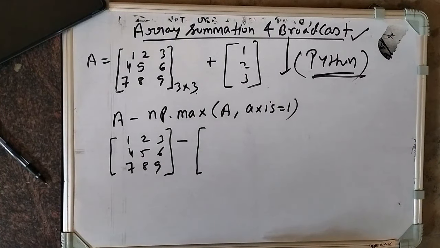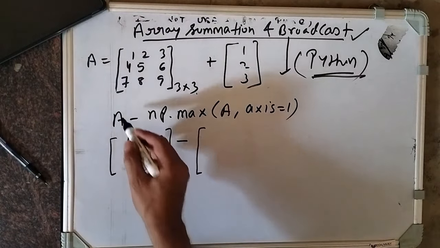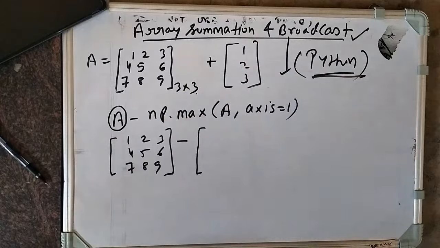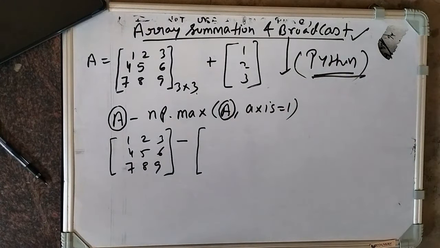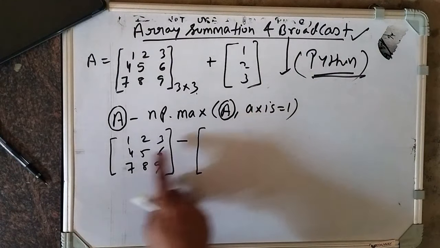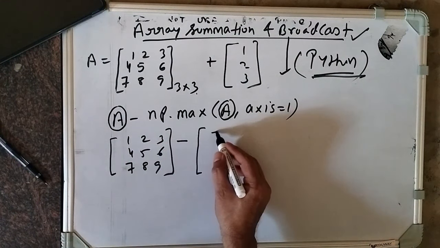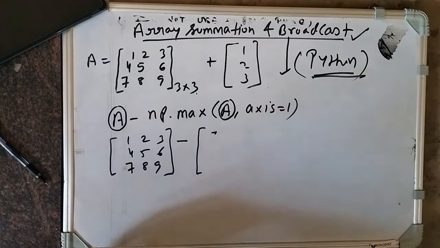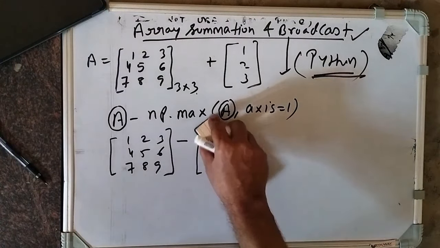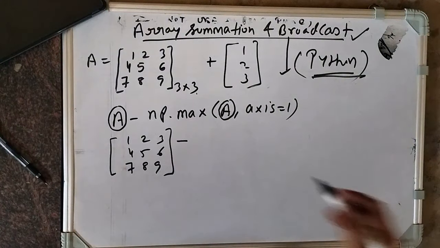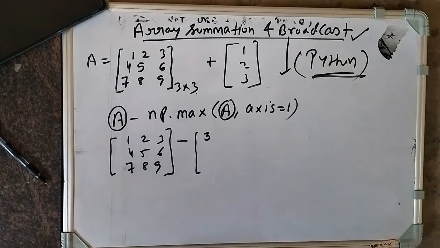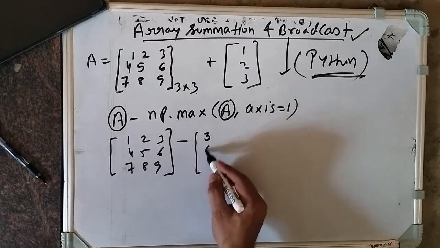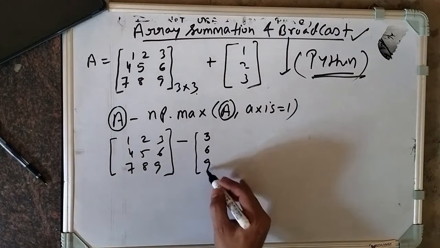So you are taking axis equal to 1, and suppose this A is a 3 into 3 matrix, and I am taking the maximum of A. The maximum is 3, here the maximum is 6, and here the maximum is 9.